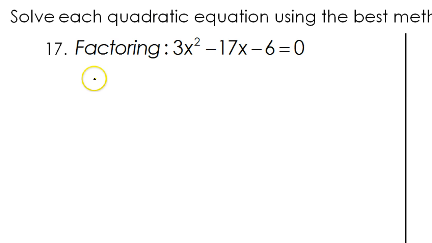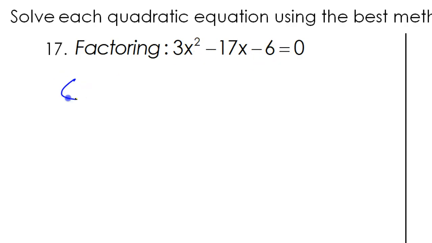Alright, number 17. We need to solve the quadratic equation, and they're telling us what to do right here. So even though it says using the best method, I guess they're telling us what the best method is. So we're going to do this one by factoring. Now, just like we practiced before, first we look to see, is there a common factor? Nope.